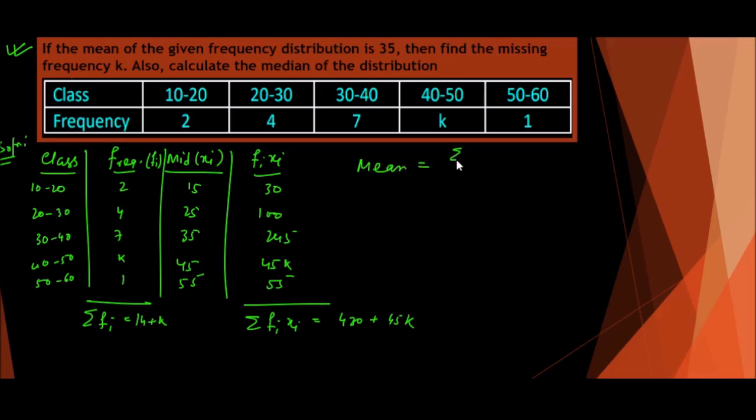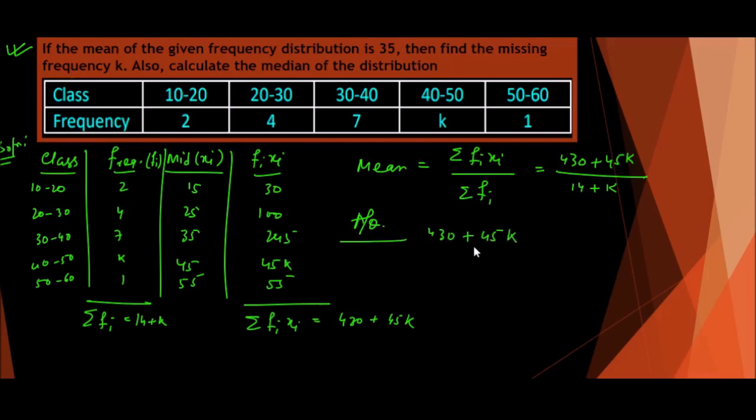Mean means summation fi xi divided by summation fi, so it is (430 plus 45k) divided by (14 plus k). As per the question, this value is going to be equal to 35. Now from here, if you calculate this, you will get the answer.